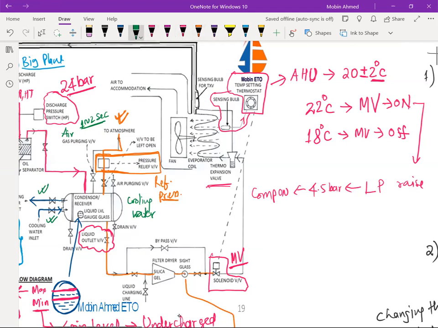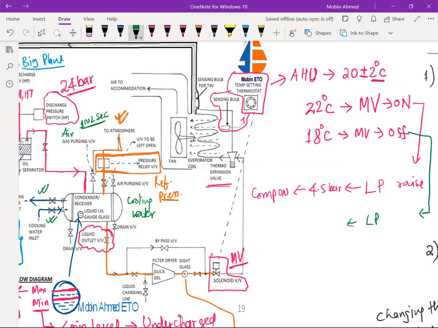When the temperature is reaching 18 degrees centigrade, in this case the magnetic valve is going to be off.